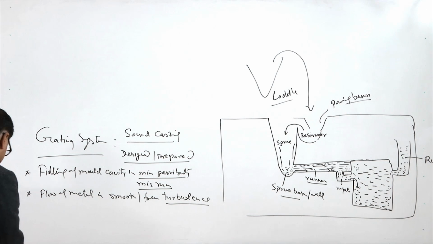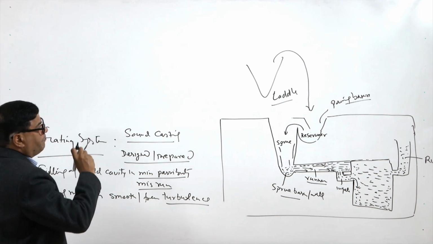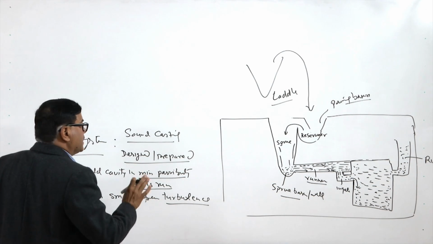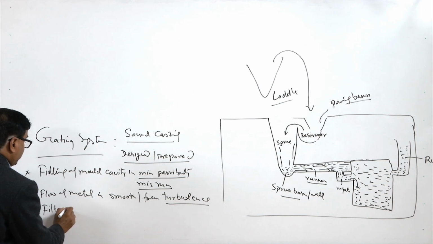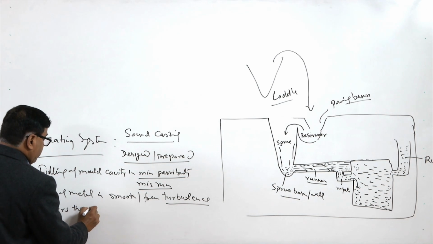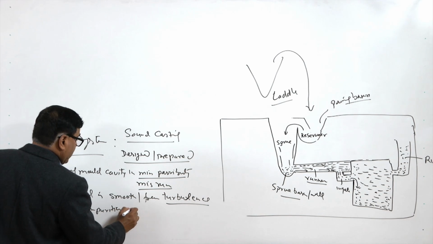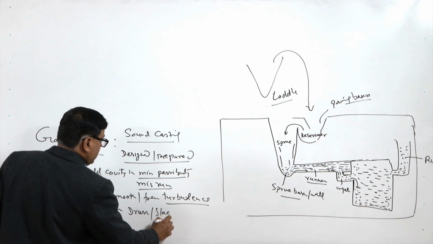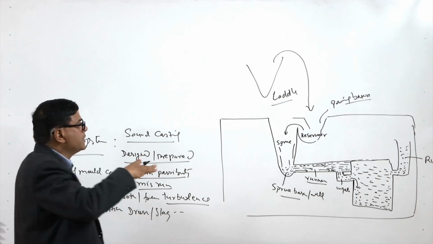Another important thing is that the design of the runner as well as the pouring basin is such that it filters the impurities like dross, slag and other impurities which are lighter in weight and floating over the surface.